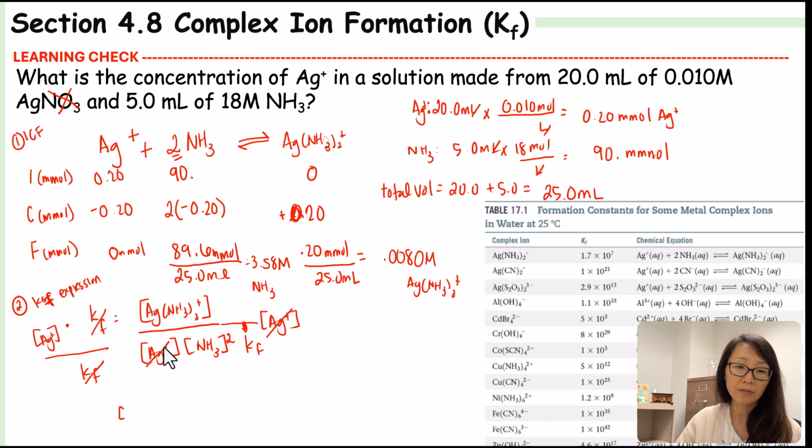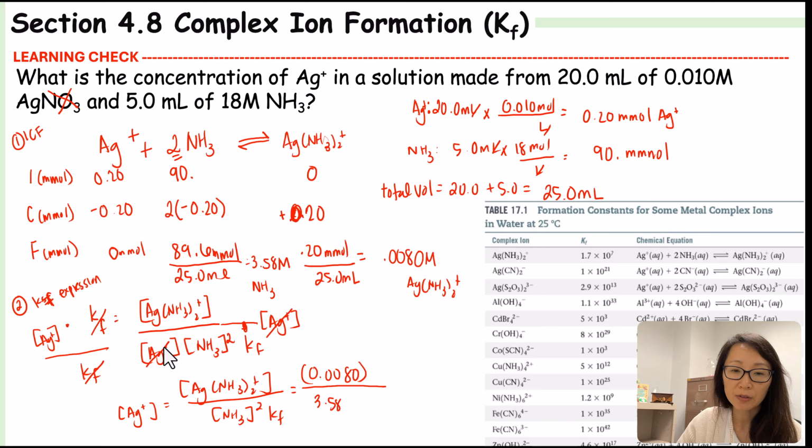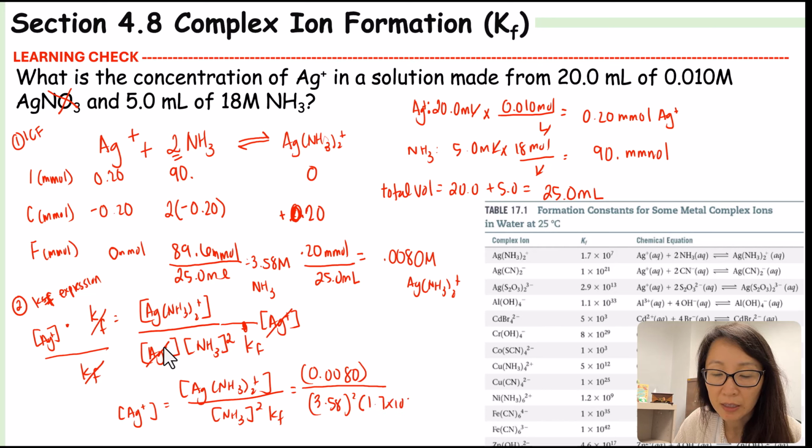Okay, so let's write this down. Silver concentration is equal to the concentration of the silver ammonia complex ion, all over ammonia to the second power and the KF. So if I were to actually put in the values, I would write 0.0080. And this would be 3.58 to the second power, and the KF value is 1.7 times 10 to the 7th power. That's written right here.